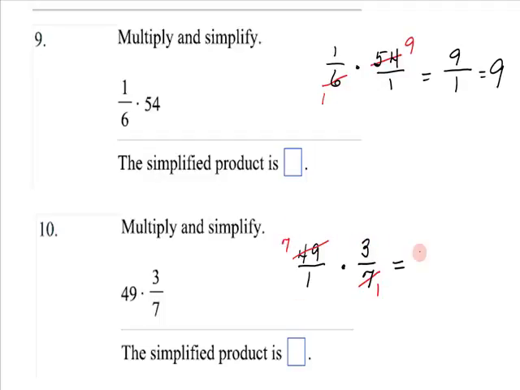Multiply 7 times 3 for 21. 1 times 1 is 1, and I get the whole number 21. Don't leave it as 21/1. My math lab will count that wrong. If you get a product with a 1 on top, that you have to show. But if it's on bottom, it divides in, and you can write it as a whole number. Okay? Do your bow tie before you multiply.